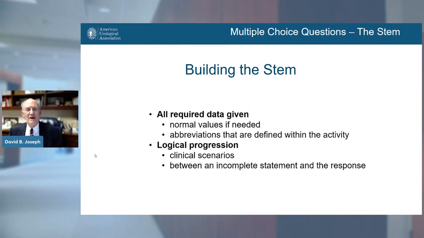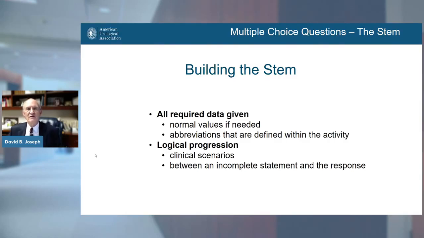You do need to provide all the data that's appropriate. And this becomes important if you're giving a lab value. You do need to give the normal values. In this day and age, learners rarely memorize the normal ranges for values unless it's very common. So there's no problem giving a specific result on a value, but then provide the normal range.